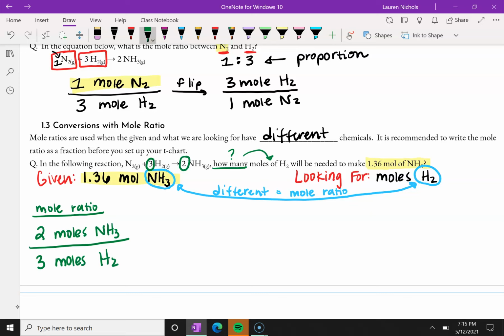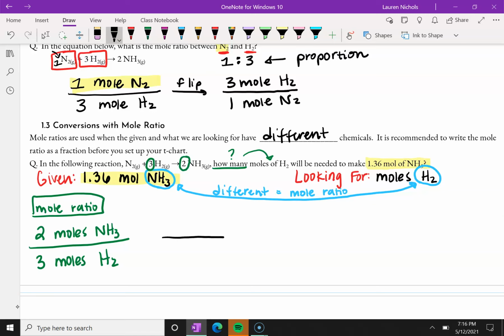What this is saying is that if I want to make 2 moles of NH3, I have to start out with 3 moles of hydrogen. But we don't want to make 2 moles of NH3. I want to make 1.36 moles. And so that's the difference. We're using it to set up our problem.